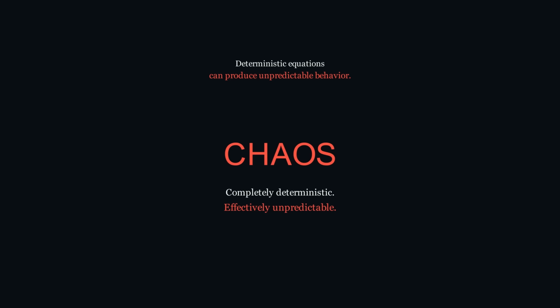The equations remain completely deterministic, yet over long enough timescales, their behavior becomes effectively unpredictable. The three-body problem revealed something unsettling. Writing down a differential equation doesn't guarantee that you can solve it. In fact, most nonlinear differential equations resist exact solutions entirely.